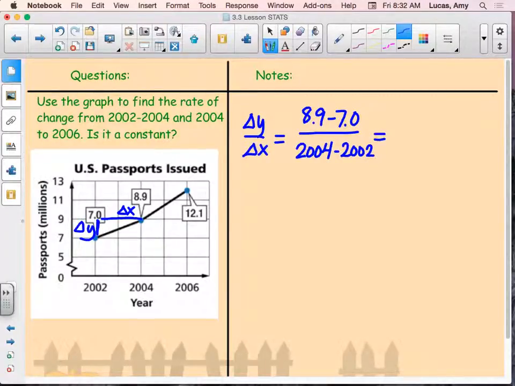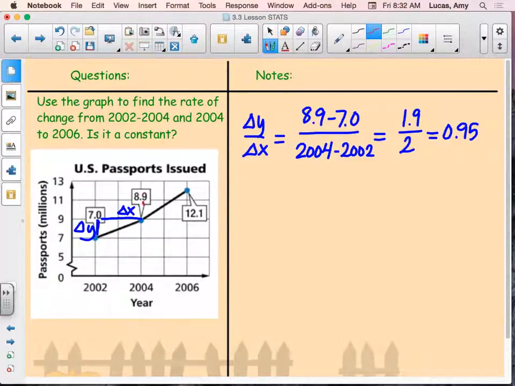So subtracting these gives me 1.9 in two years. So 1.9 divided by 2 is 0.95.